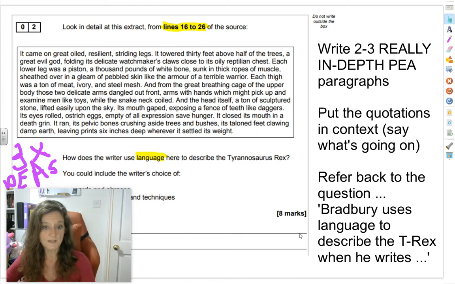Or you can change language if you're trying to be clever to a simile, or he uses numerical data to, or fence of teeth is a metaphor, which is similar to what we said before. He uses decent adjectives, doesn't he? And there's some powerful verbs. So you could switch out language and put the technique that's being used there instead. Right.